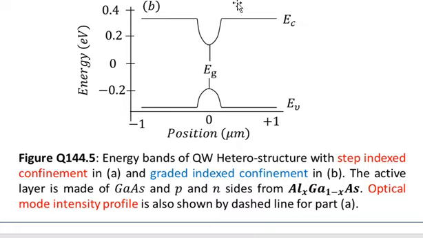That is why it is called graded index confinement, as shown in part B. The active layer is made of gallium arsenide, and the P and N sides are made from aluminium X, gallium 1 minus X, arsenide. The optical mode intensity profile is also shown by the dashed line in part A.